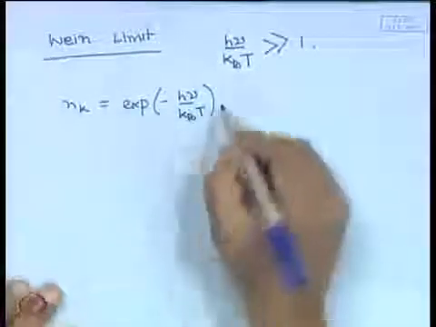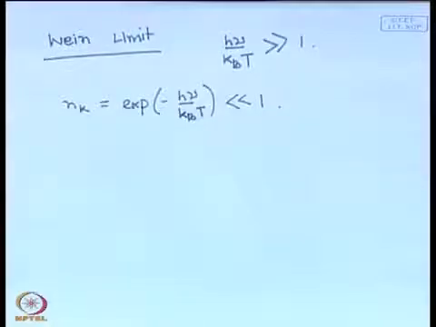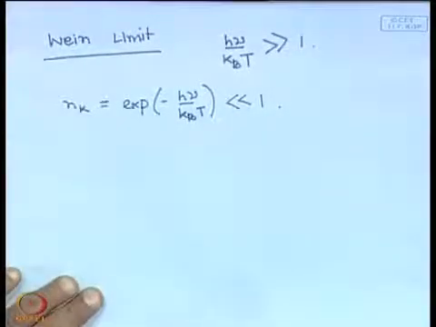And you see that this is obviously much less than 1. So, the photons in each mode, there are very few photons, much less than 1. This is the average occupation number. So, you expect to find typically less than 1 photon in each mode.